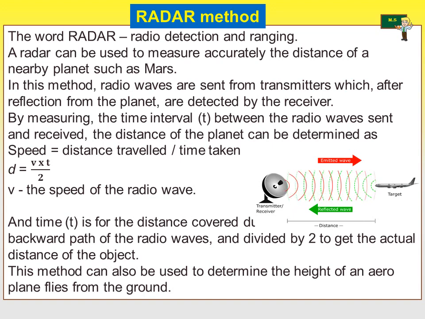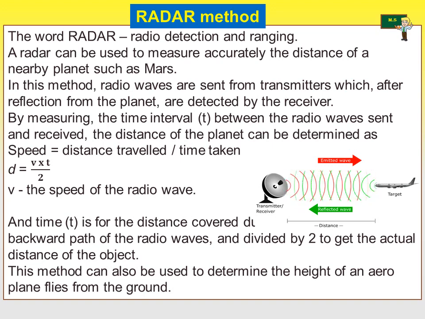The distance of the planet can be determined as speed equals distance travelled by time taken. That means D is equal to V into T divided by 2. Why are we dividing this by 2?